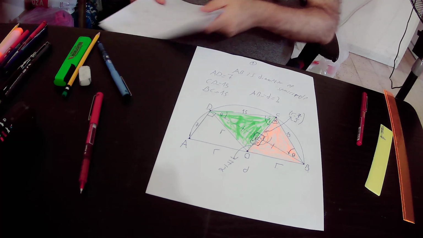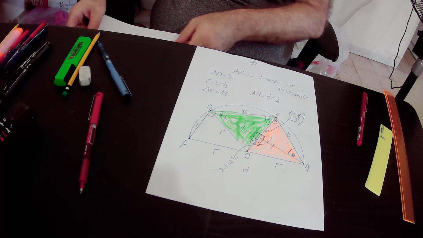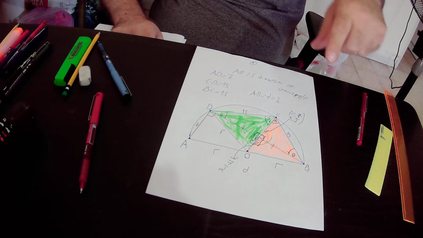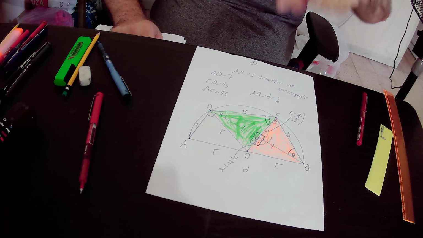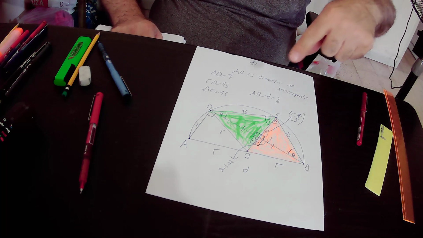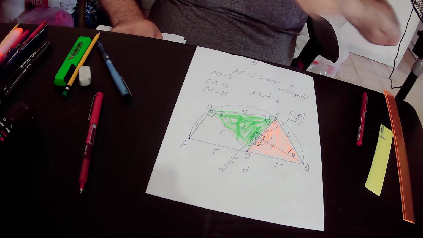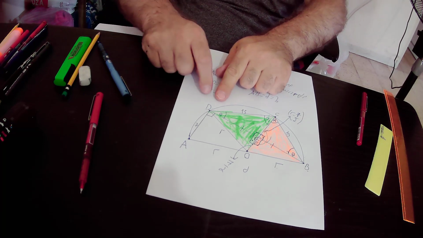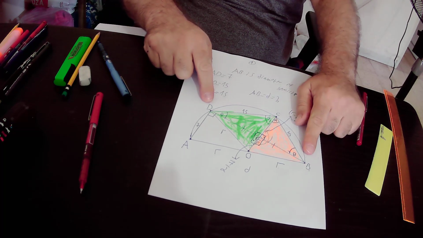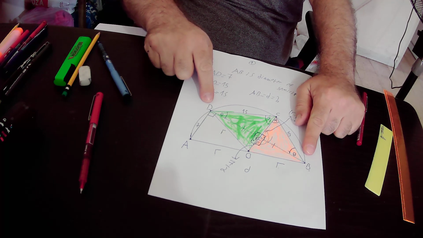So first of all, we made the construction here from point A. We connected together points D and B by a straight line.